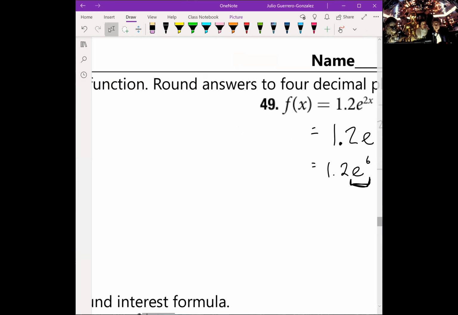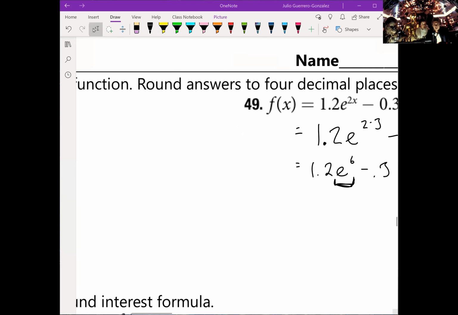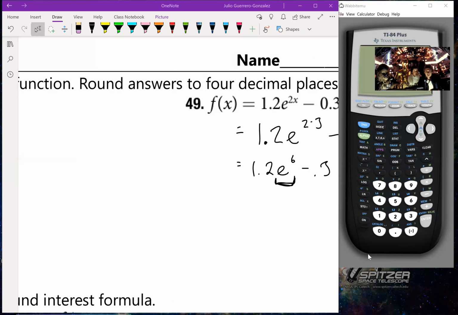So I'm gonna change the screen share so I can actually share my screen. If you guys have a calculator, like the one that you see on the screen, the E button is right there, right above the LN.